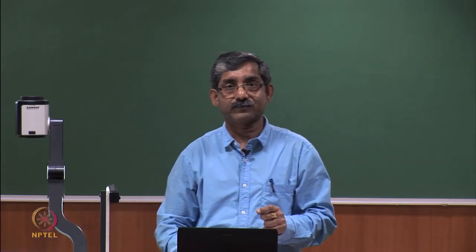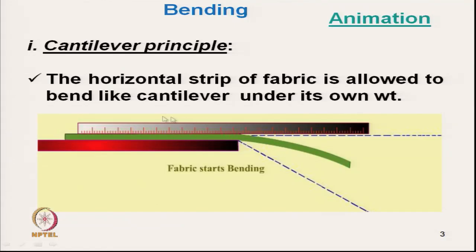So, this is the principle where the fabric, this green color, is a fabric sample and this is the platform, and when we push the fabric it bends. The tip point makes a specific angle with the horizontal, and from there we can calculate the bending characteristics of fabric.